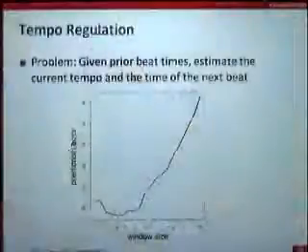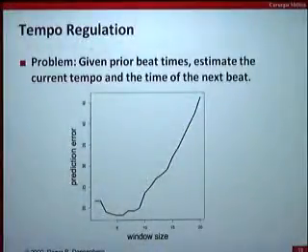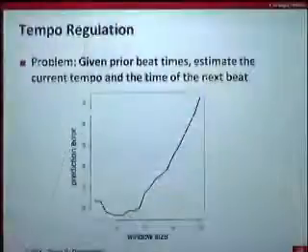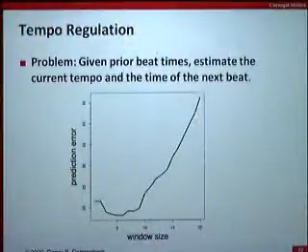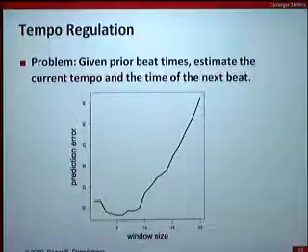So this says that if we only look at the two previous beats to guess the next one, our prediction error is kind of high because these are not true beats, but foot taps, and there's jitter and noise in the tapping. If we smooth over some more beats, like we go up to 5 to 10 beats, then we hit a minimum here where the prediction is pretty good.